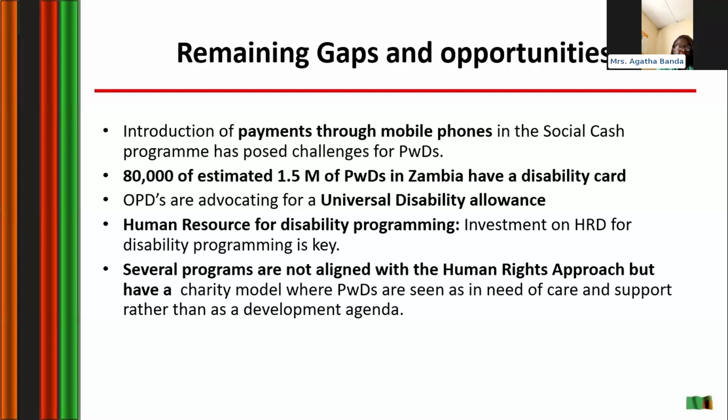So it already brings a lot of challenge for those who are not able to access the cards, because ZAPID is not present in all of Zambia's districts. Then we also have the gap in terms of human resource for disability programming. There's a huge need for investment in human resource development.